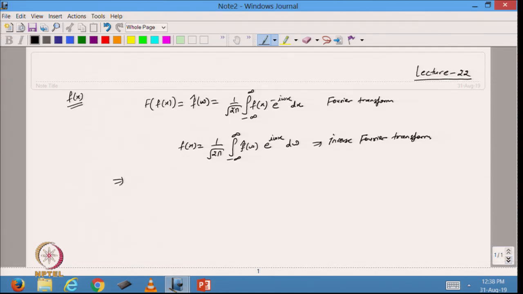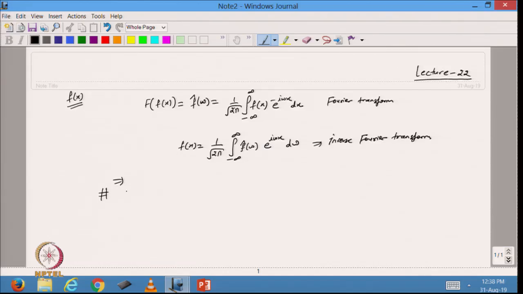Now let us take the Fourier transform of some functions. The very important function is the Dirac delta function. So, what is the Dirac delta function?